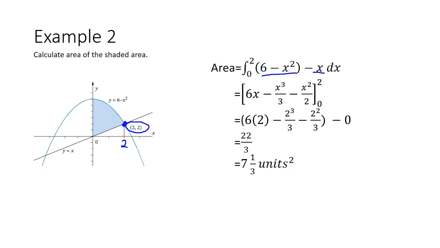Please take note that 6 minus x squared is the function above the shaded area, and x is the function below the shaded area. If we evaluate the definite integral of the function above minus the function below from 0 to 2, we will get an area of 7 and 1/3 unit squared.